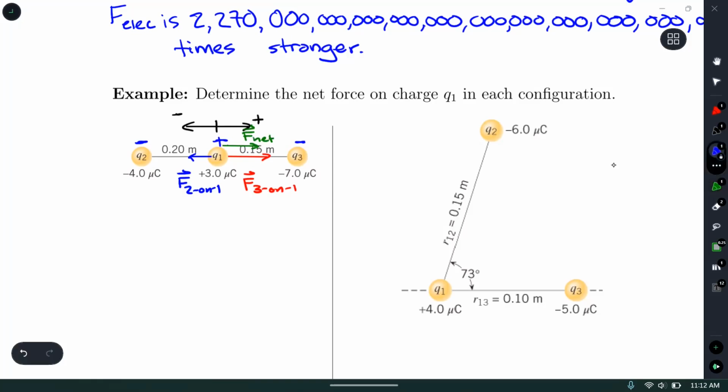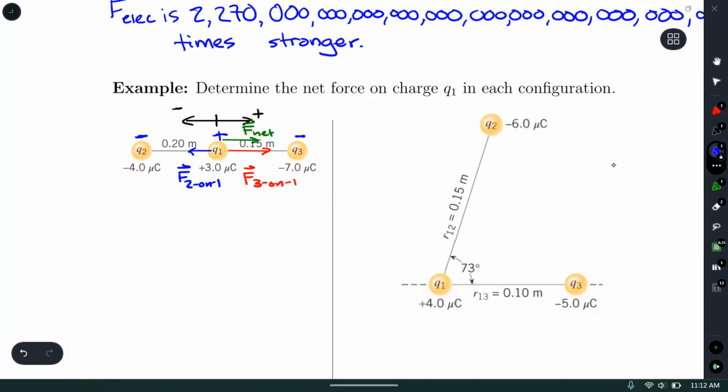Okay, so to check it, we need to calculate F2 on 1 and F3 on 1. So we use Coulomb's law to do that. And I like to also label r now when I'm dealing with multiple charges, so I'll call it r12.